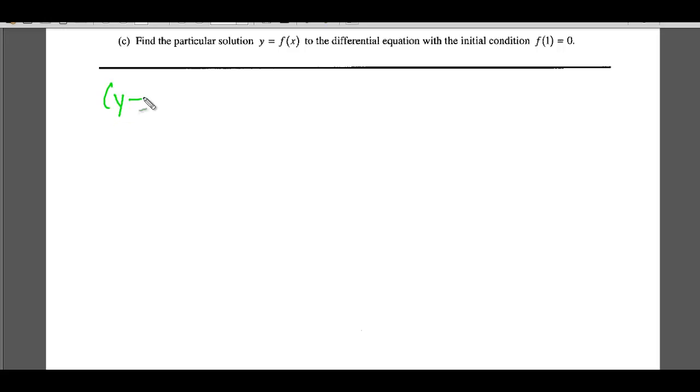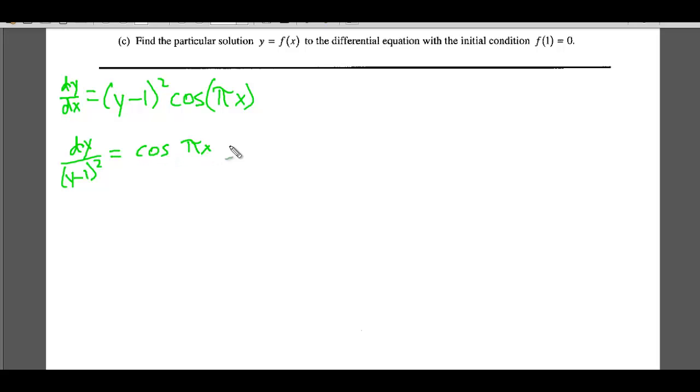We have (y minus 1) squared cosine pi x. That's dy/dx. So how do we solve this? Again, we want to bring the y's to one side and the x's to the other. So this becomes dy over (y minus 1) squared equals cosine pi x dx.